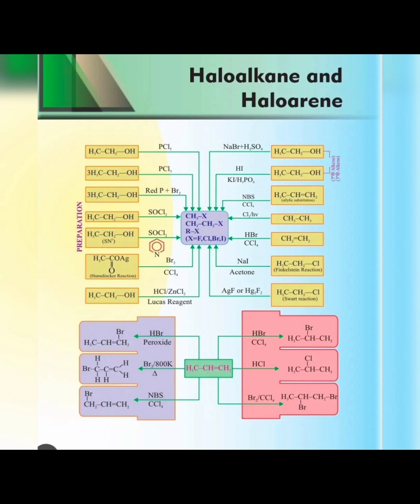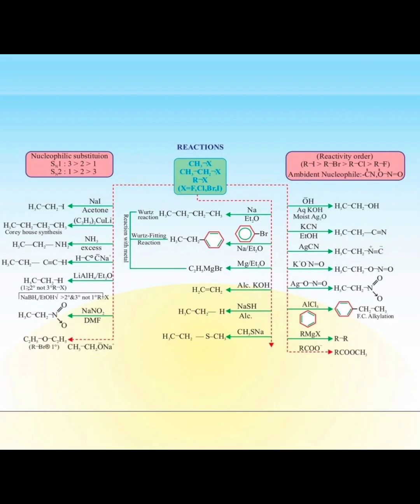Propene reacts with HBr in presence of CCl4 and gives symmetric addition, that is, 2-bromopropane will be obtained as a major product. When propene reacts with HCl, it gives 2-chloropropane, and when propene reacts with bromine in presence of CCl4, it gives 1,2-dibromopropane as a major product. So these are the various methods of preparation of alkyl halides.